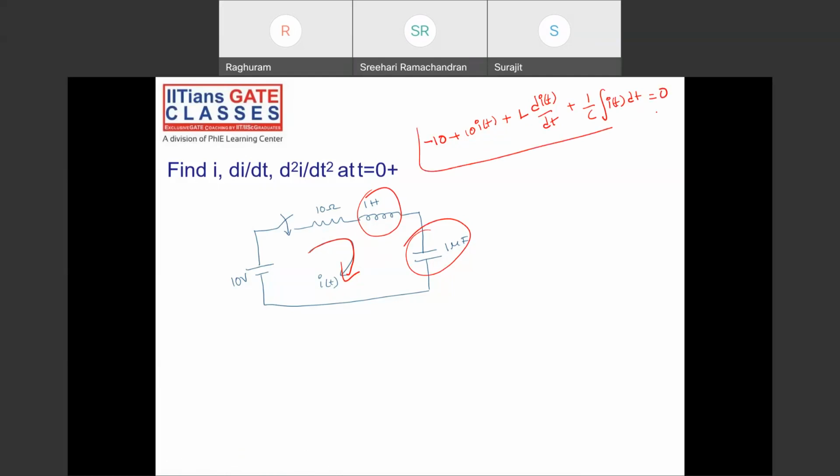Or I can write it as the source equal to 10. This is the generalized equation.